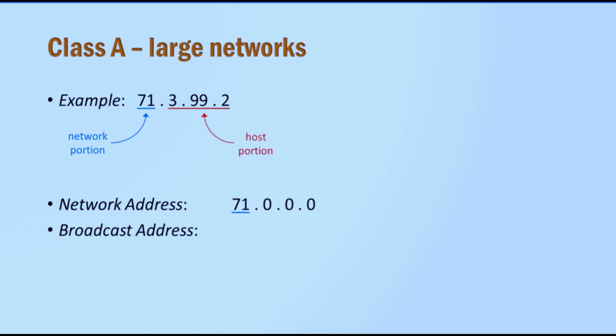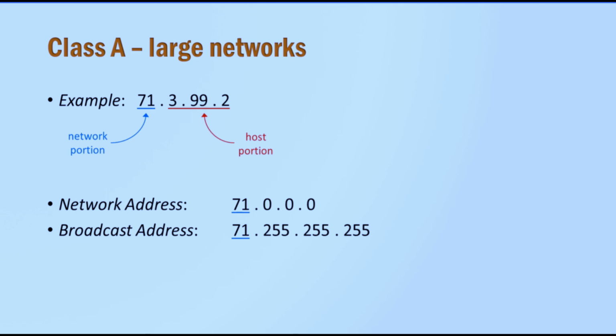So when you convert 8 ones to a decimal format, you're going to get 255. So we're going to have 71.255.255.255.